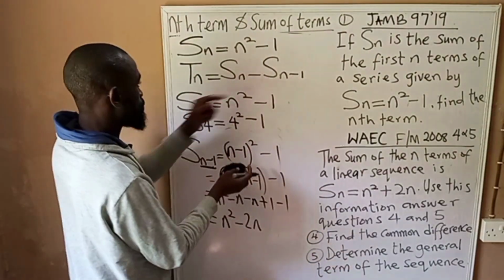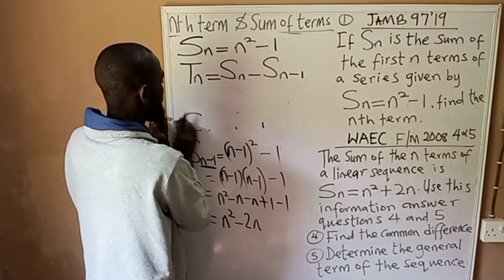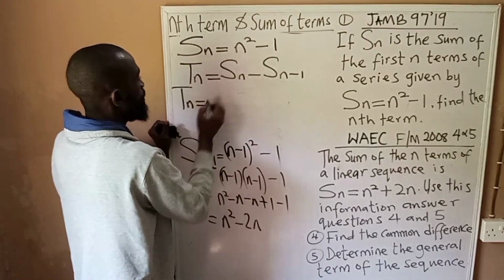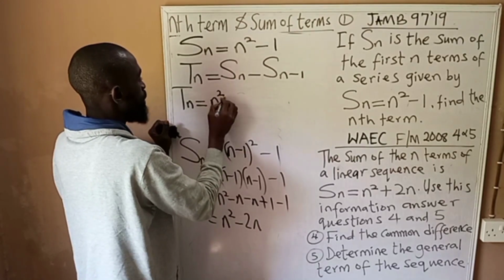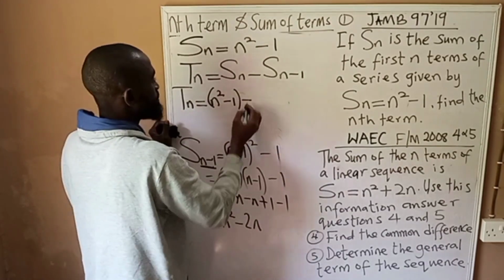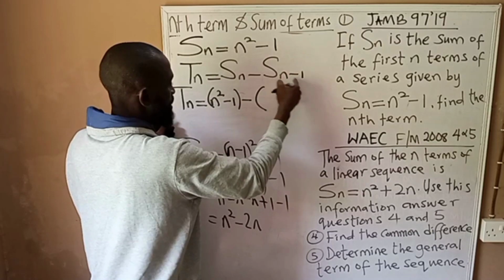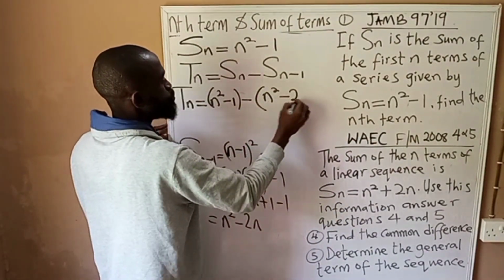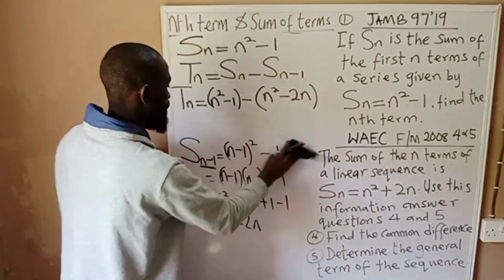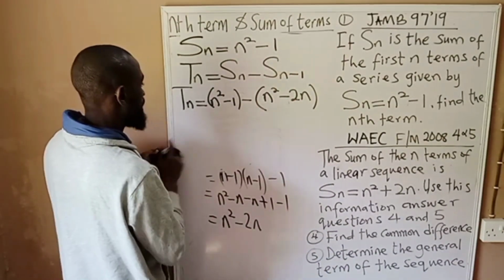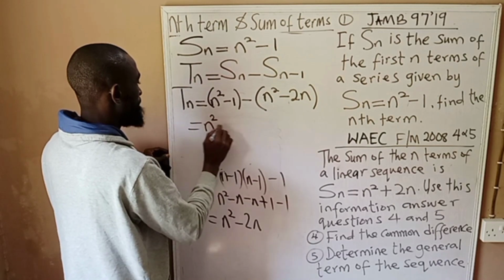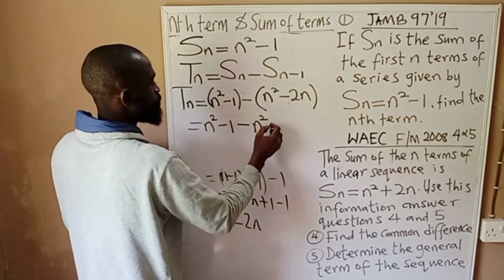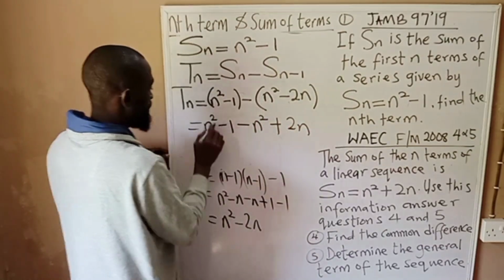So let's go back to this formula. Our Tn will be equal to Sn, which is n squared minus 1, as given, then minus Sn minus 1, which is n squared minus 2n. So we open this bracket. We have n squared minus 1 minus n squared, minus times minus 2n gives plus 2n.